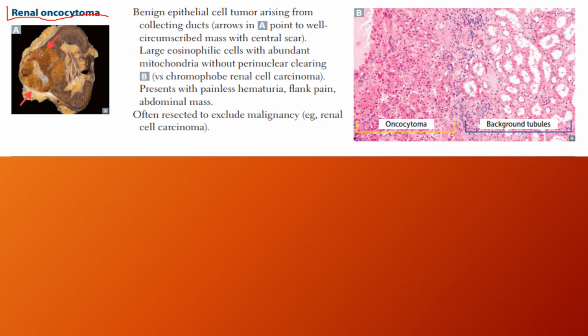Renal oncocytoma. It is a benign epithelial cell tumor arising from collecting ducts. As you can see in this image, the arrows pointing to a well circumscribed mass with a central scar.